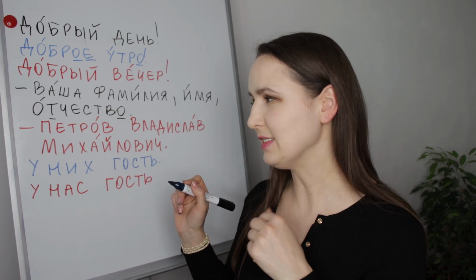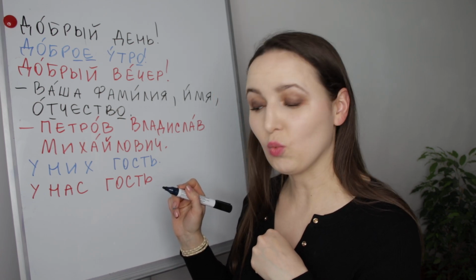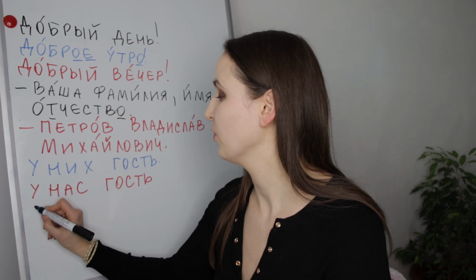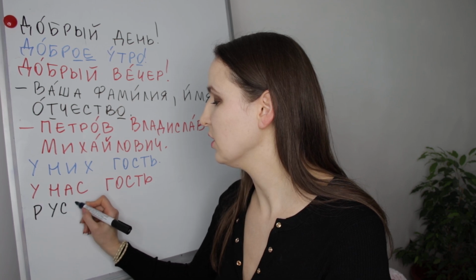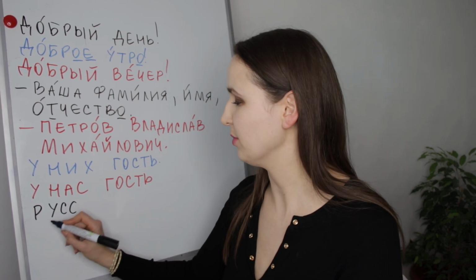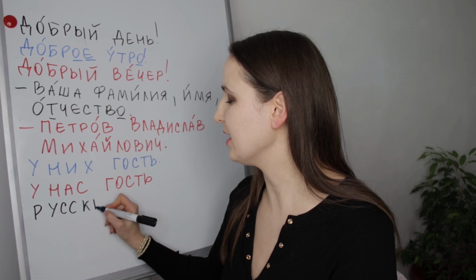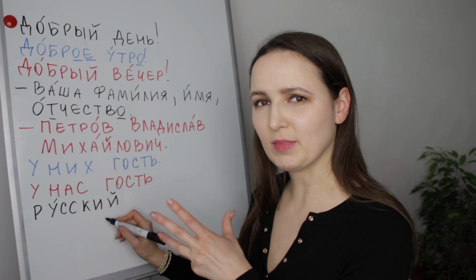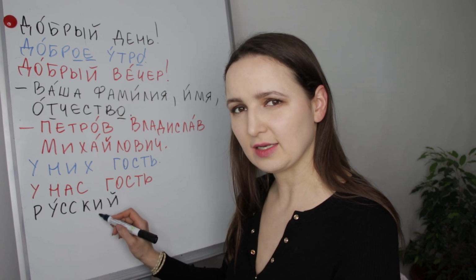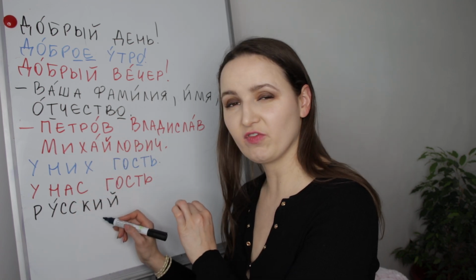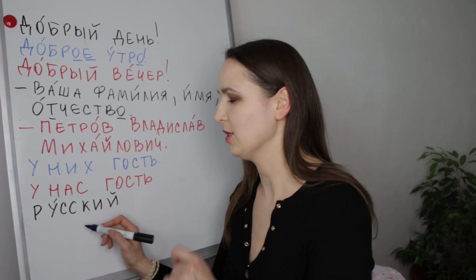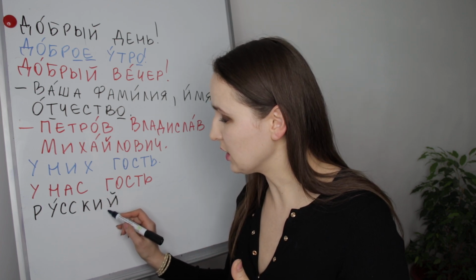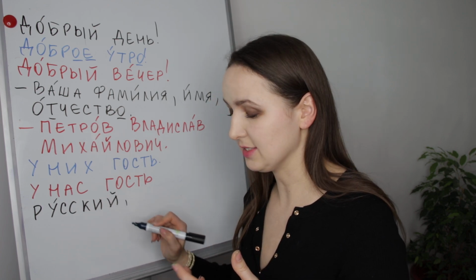Now let's write a few words. Первое слово русский. With double S. Don't forget about that. Русский. Russian in masculine. It's an adjective that should be followed by a noun in masculine. Русский. Молодцы.